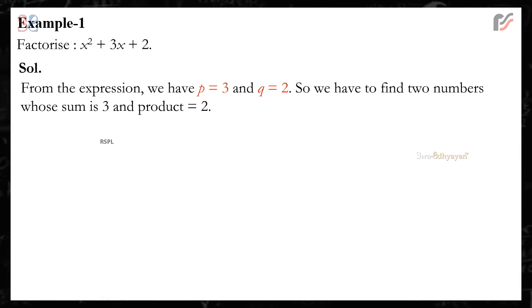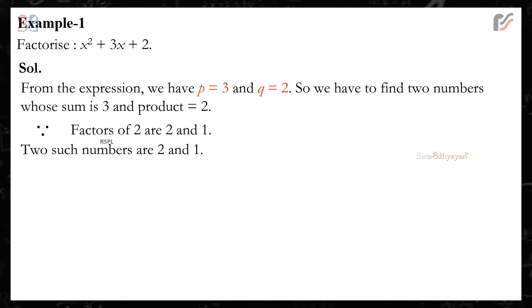Example 1. Factorize x square plus 3x plus 2. Solution. From the expression, we have p is equal to 3 and q is equal to 2. So, we have to find two numbers whose sum is 3 and product is equal to 2. Because factors of 2 are 2 and 1, two such numbers are 2 and 1, as 2 plus 1 is equal to 3 and 2 into 1 is equal to 2.